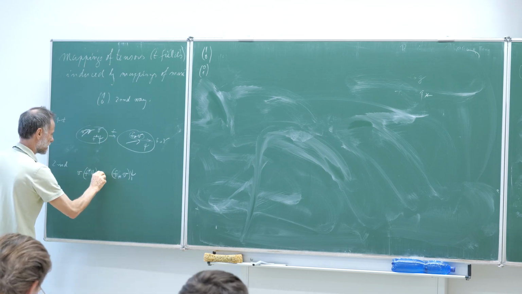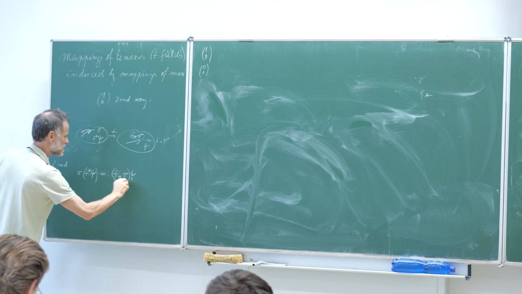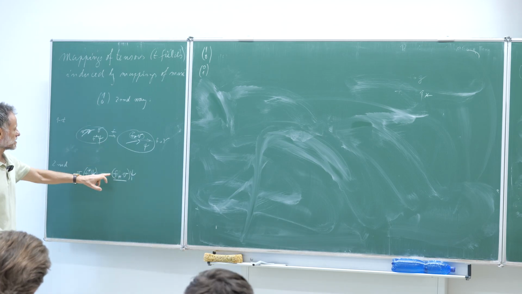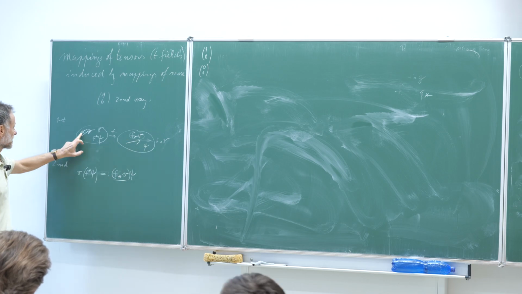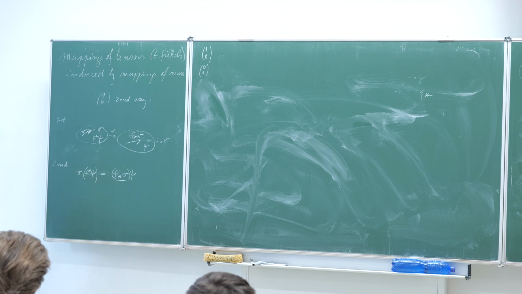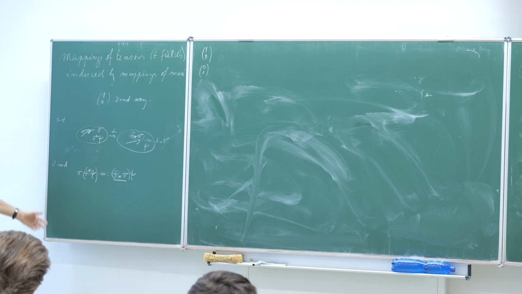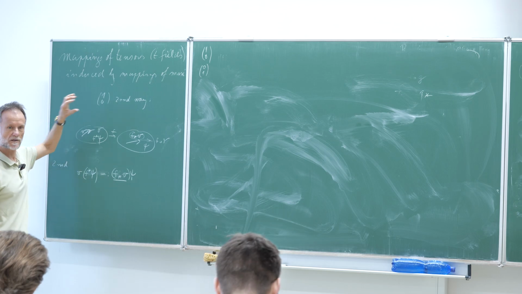And now the definition of this vector can be done in this way: this vector acts on any function psi like this vector acts on the pullback function, by definition. You can do it either theoretically or in coordinates, and you can check that this definition gives you the same result as the first definition.